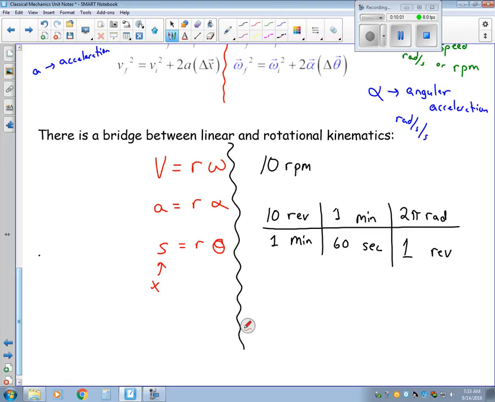Since this is one giant fraction, notice that the minutes cancel, the revolutions cancel, and I'm left with radians divided by seconds. So I just go through and multiply. I've got 10 times 1 times 2 pi radians, so that's 20 pi radians.